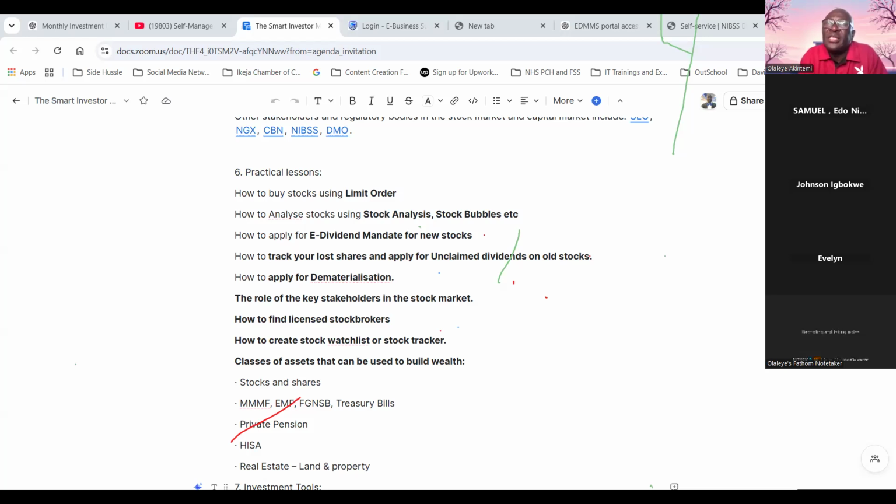It is the responsibility of the registrar to pay all the investors. Now, let's say, for example, when they are paying that dividend, maybe your bank account was not okay, or for whatever reason, you didn't get paid.